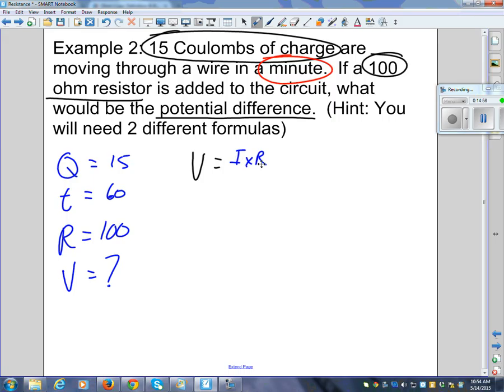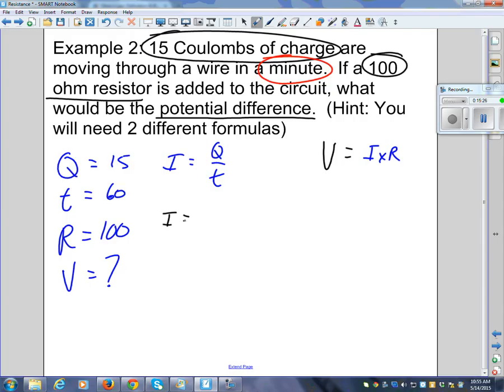Could I find I? Do I have a formula for I? I do. I is equal to Q over T. Does this I equal that I? Yeah. And so I'm going to solve for I, and I'm going to plug it in there.